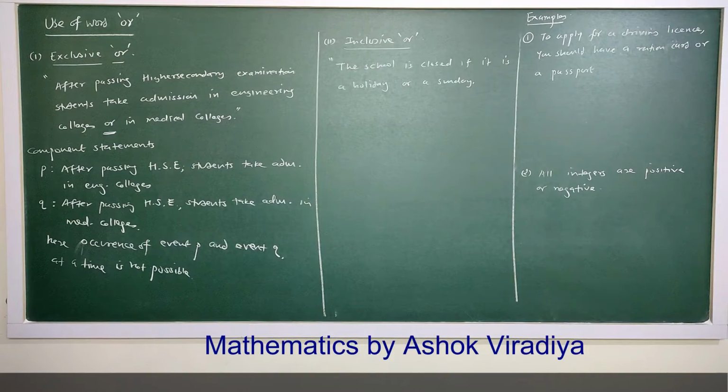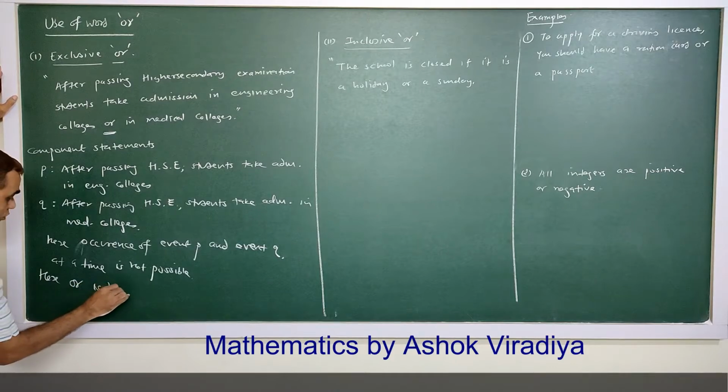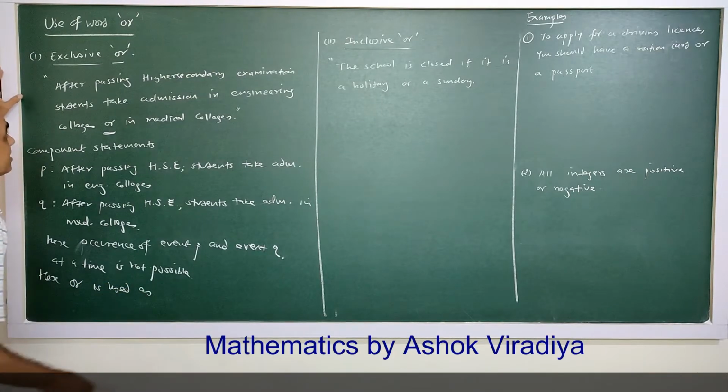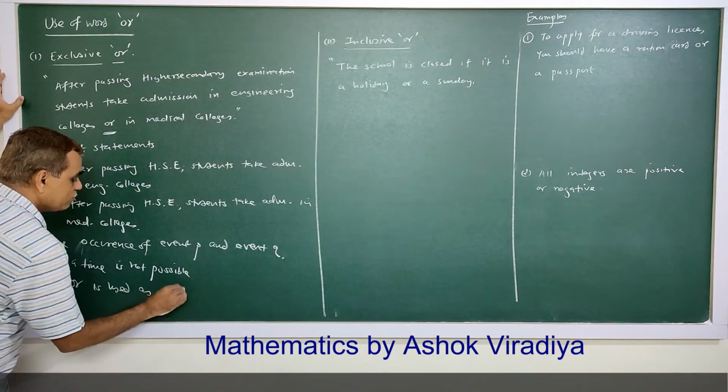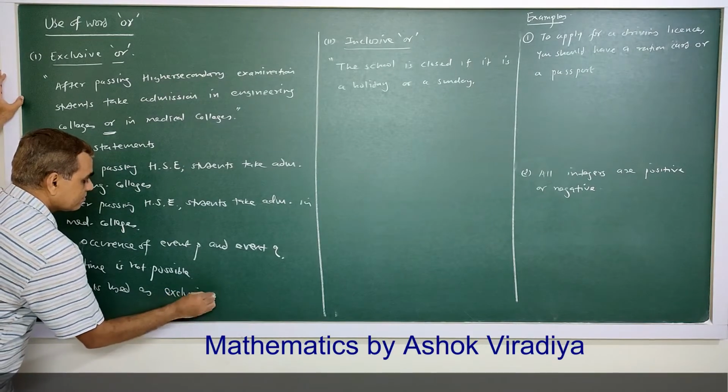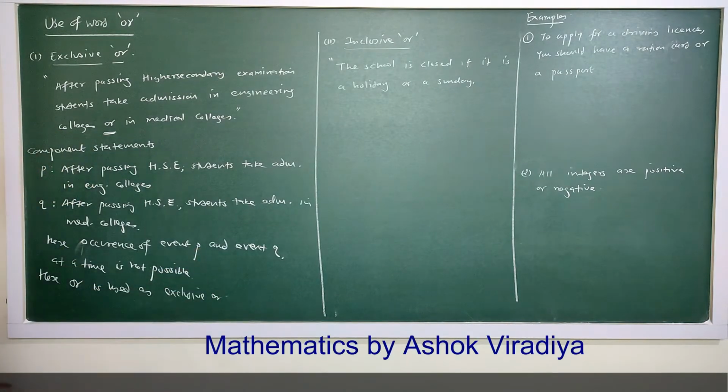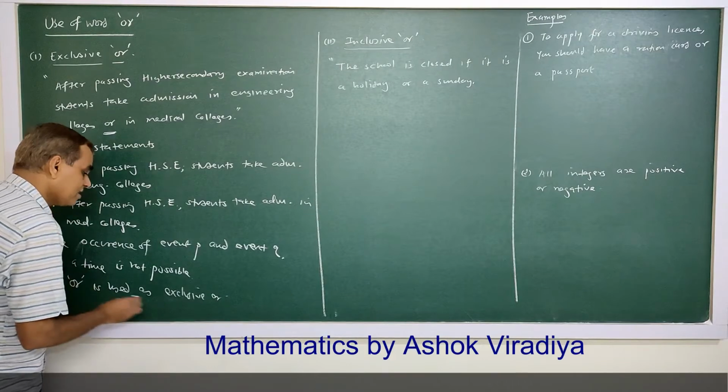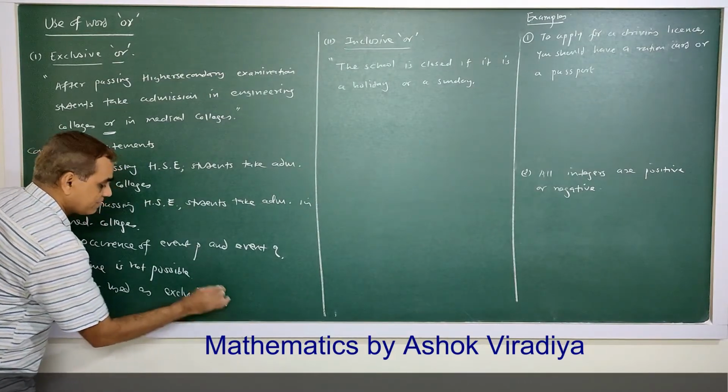So, if occurrence of two events is not possible at the same time, then here OR is said to be used as exclusive OR. When this happens, OR is said to be used as exclusive OR.